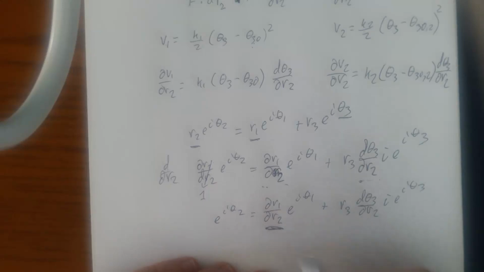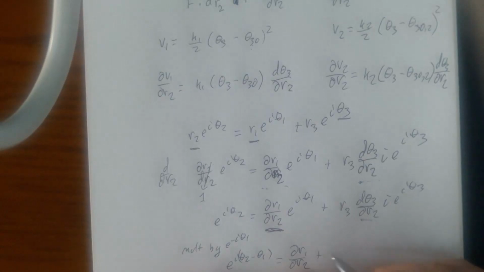We've got this unknown right here that we just want to get rid of because we want to solve for this, get an expression for d theta 3 dr2. Okay, and so we're going to make this term pure real by multiplying through the equation by e to the minus I theta 1.